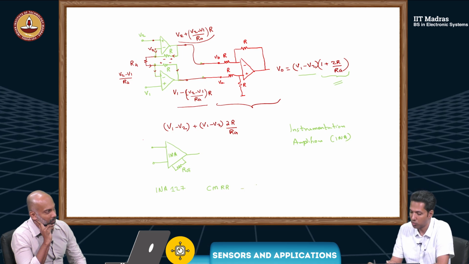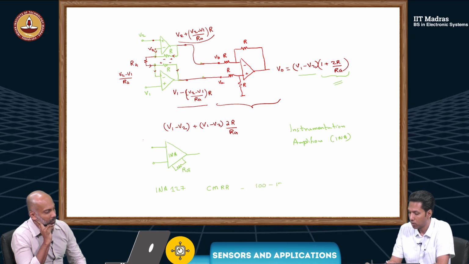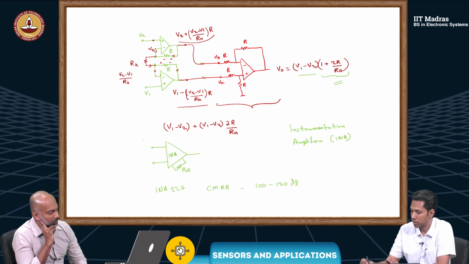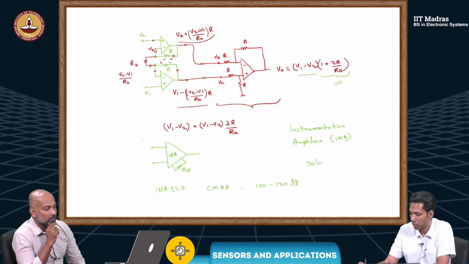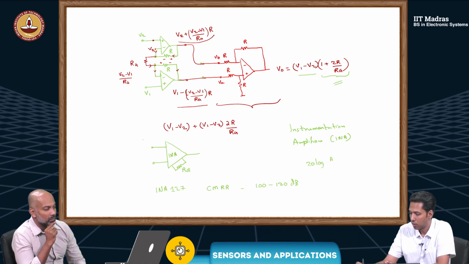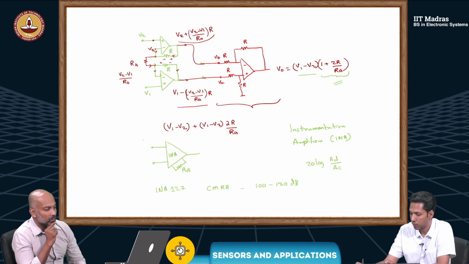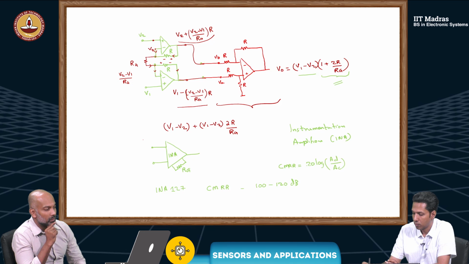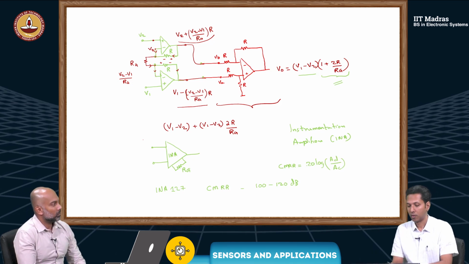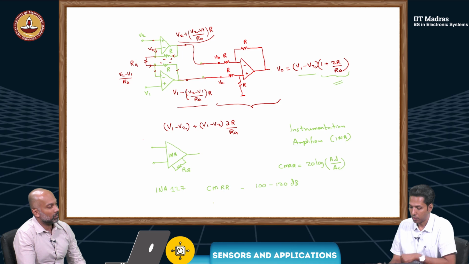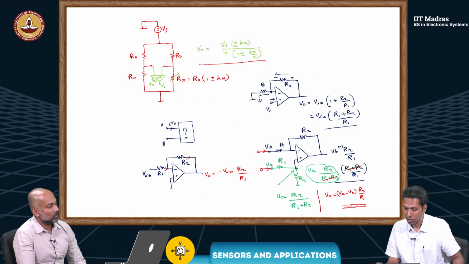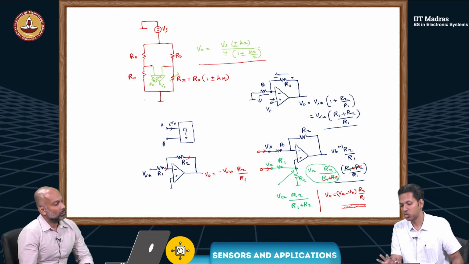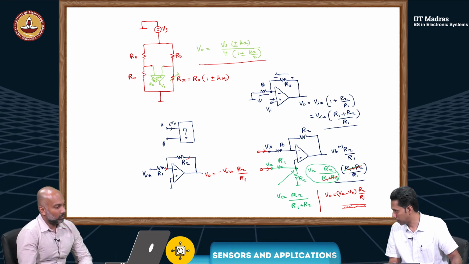I think it's in the range of 100 to 120 dB, meaning 20 log AD by AC. Right. So common mode rejection is very good. You have very high input impedance. That is all required for this application.